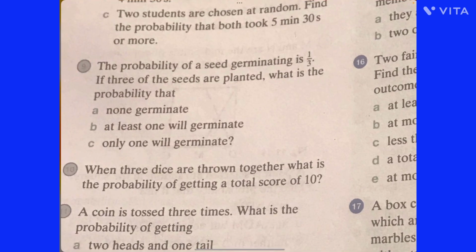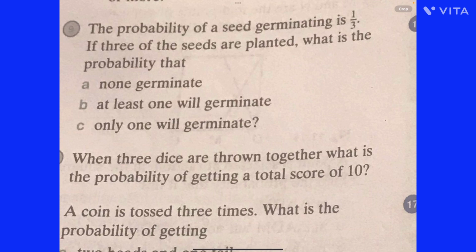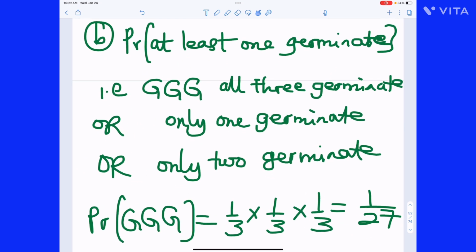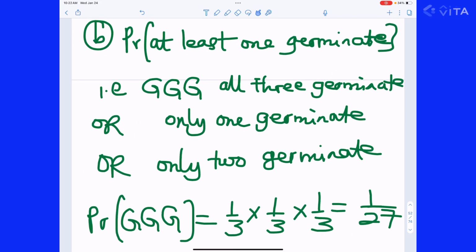The second question says, what is the probability that at least one will germinate? At least one is the same thing as not smaller than 1. So that means we are looking for the probability that either 1 germinates, or 2 germinate, or all 3 seeds germinate.